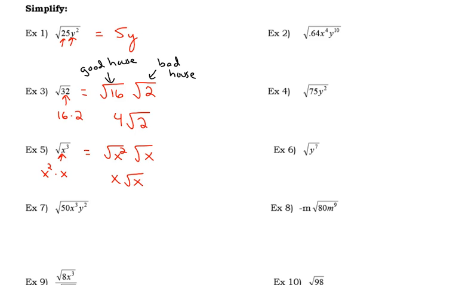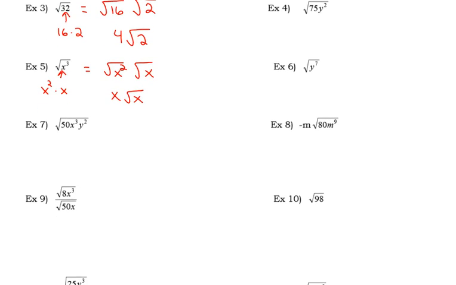Okay, let's take a look at number 7, because there's a lot going on with number 7. First of all, I want you to notice that 50 x to the third y squared is not a perfect square, because 50 is not and x to the third isn't. So I'm going to do my good house, bad house, and ask myself, which number on that list of perfect squares goes into 50? I'll find that it's 25, and 25 times 2 is 50.